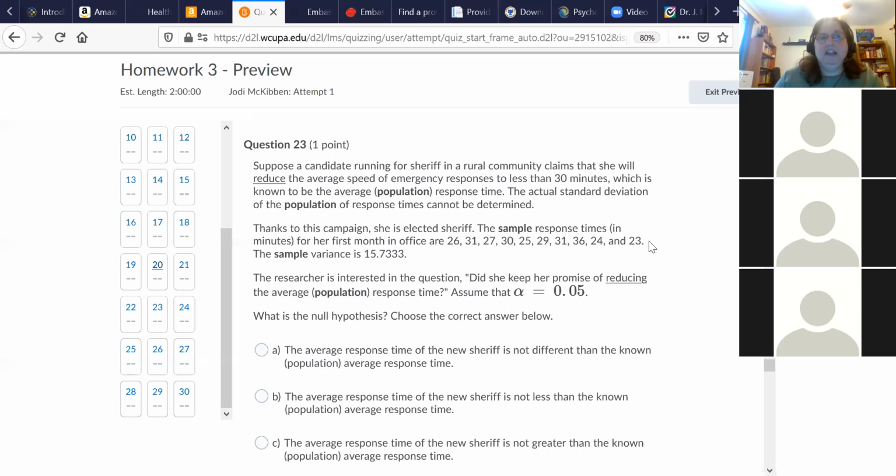Is it going to be less than 30 minutes, than my mu? Is this X bar less than 30? Now I've taken the step of already giving you the sample variance. So good time to bring up a symbol. What's the sample variance symbol? It's S squared. So I'm given S squared. The researcher's interested to know, did she keep her promise of reducing the average population response time? So again, I want to know, is X bar here less than 30?